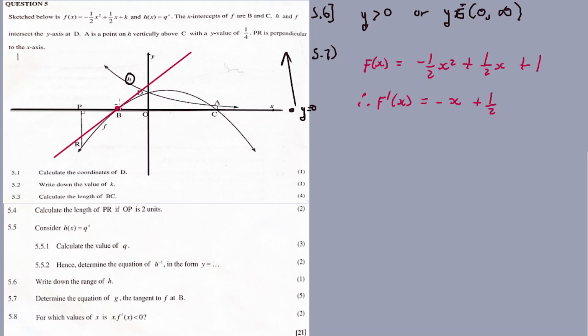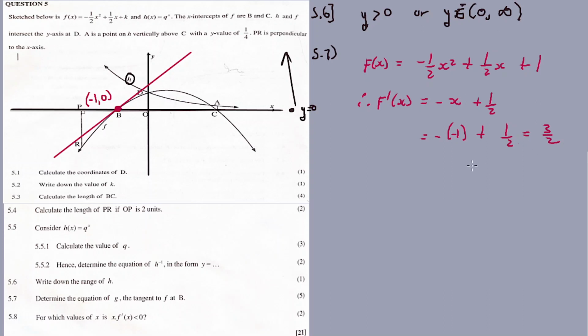So I want the gradient of this straight line, which is the gradient of this parabola function at point B. The coordinates of B, we remember, are minus 1 and 0. So it is minus (minus 1) plus 1 over 2, which is 1 plus 1 over 2, so it's 3 over 2.